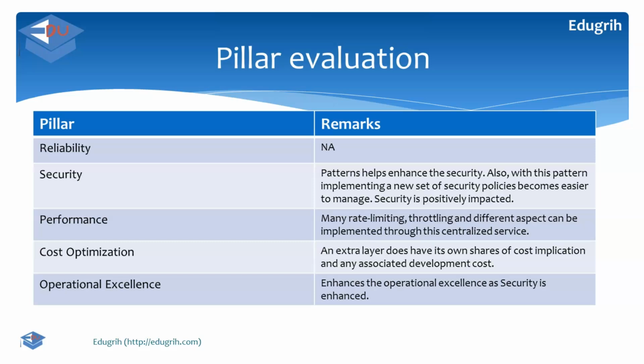An extra layer always comes with an extra cost, but what it brings is an overall enhanced operational excellence. As security is enhanced, explainability and managing security attacks or breaches against the application improves, and overall operational excellence is impacted positively.